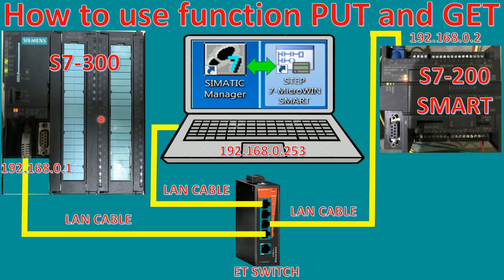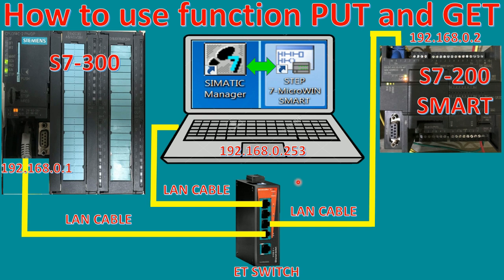In this section I will use PLC CPU 314C-2 PN/DP because it has a Profinet port for S7-300, and for S7-200 Smart I also use the Profinet port for communication and send the data between the PLC S7-300 and PLC S7-200 Smart by using the Profinet port with the Ethernet switch.